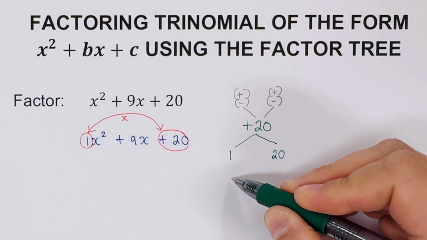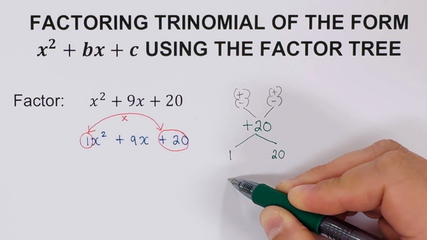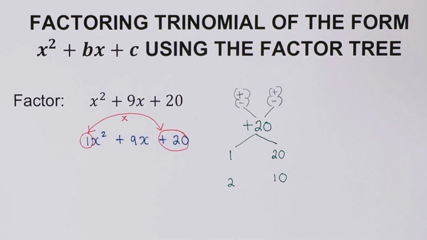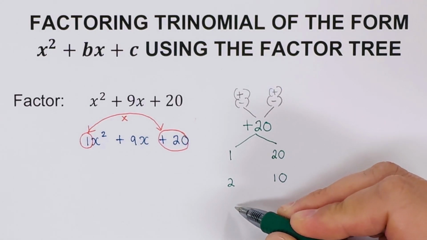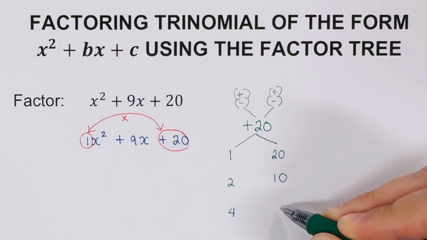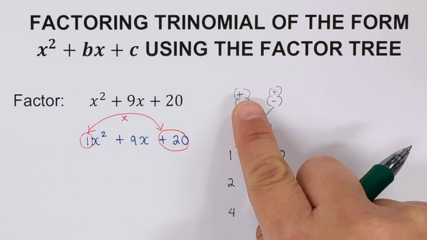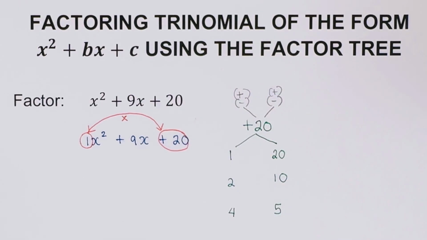We also have 2. 2 works with 20, so that would be 2 times 10. 3 doesn't work with 20. 4 works with 20, so that is 4 times 5 is 20. So these are the factors for 20, because after the 4 would be 5, and we already have it here. Remember that there are two sets of factors, both positives and both negatives.